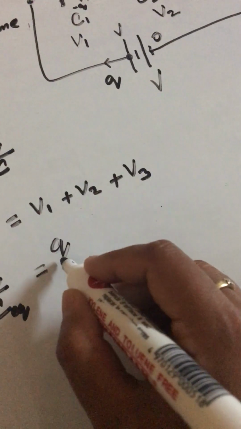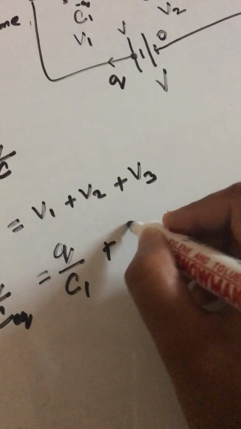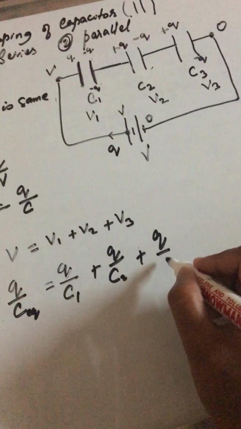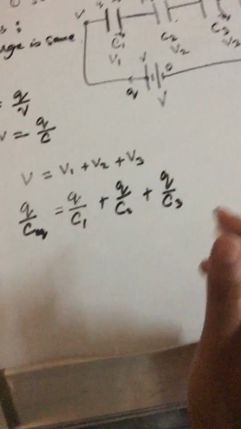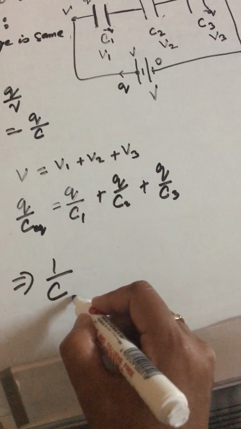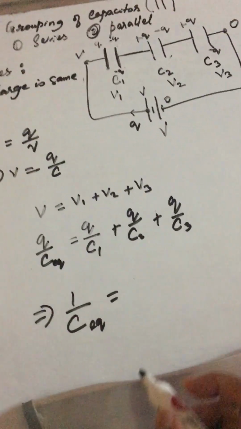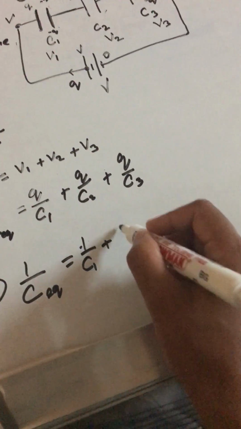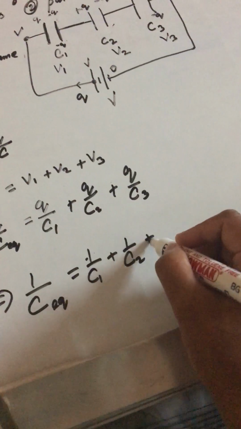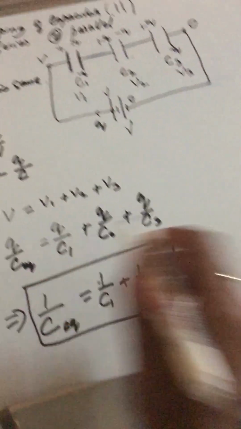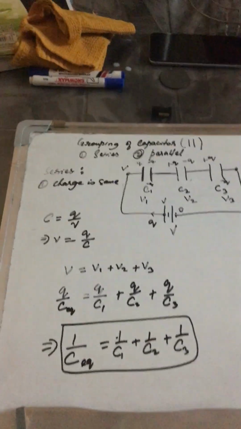Then V1 will be Q by C1, this is Q by C2, and this is Q by C3. Now Q cancels out. That means when capacitors are connected in series, the reciprocals are added. So this is the expression for capacitors connected in series.